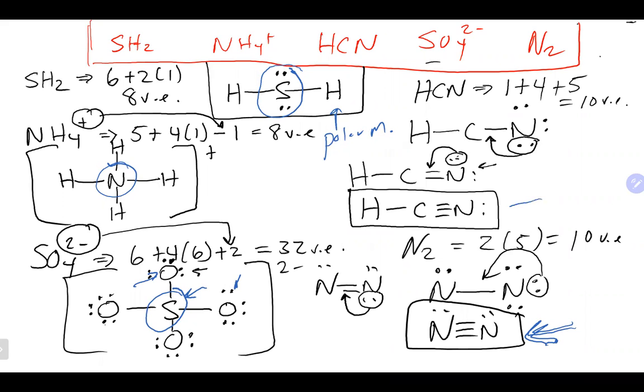What about over here? What is the geometry of this guy? Its geometry is linear, so we do need to actually look and see what's going on. Carbon, hydrogen, polar or non-polar, that bond? Carbon, hydrogen bond is actually a non-polar bond.